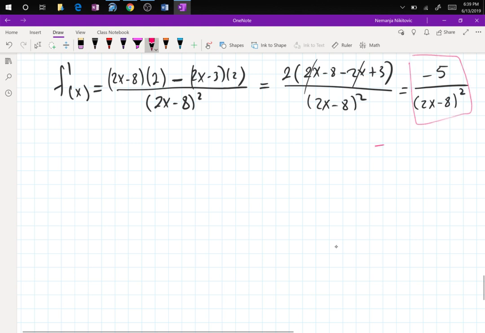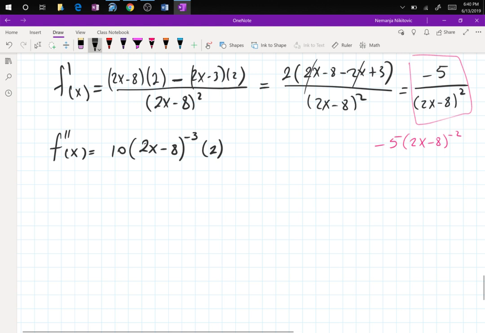It can be rewritten as negative 5 times 2x minus 8 to the negative 2. So now the second derivative is easy. Drop down negative 2, which becomes negative 2 times negative 5, positive 10. I'm using chain rule. And then minus 3 because you subtract 1. And then the derivative of the inside is 2. Professor, did you bring it for the first derivative? It's supposed to be negative 10.